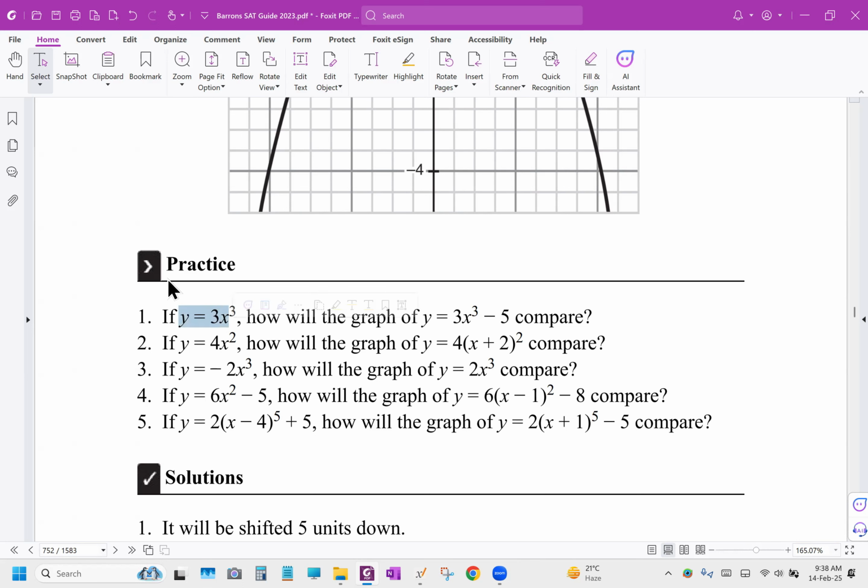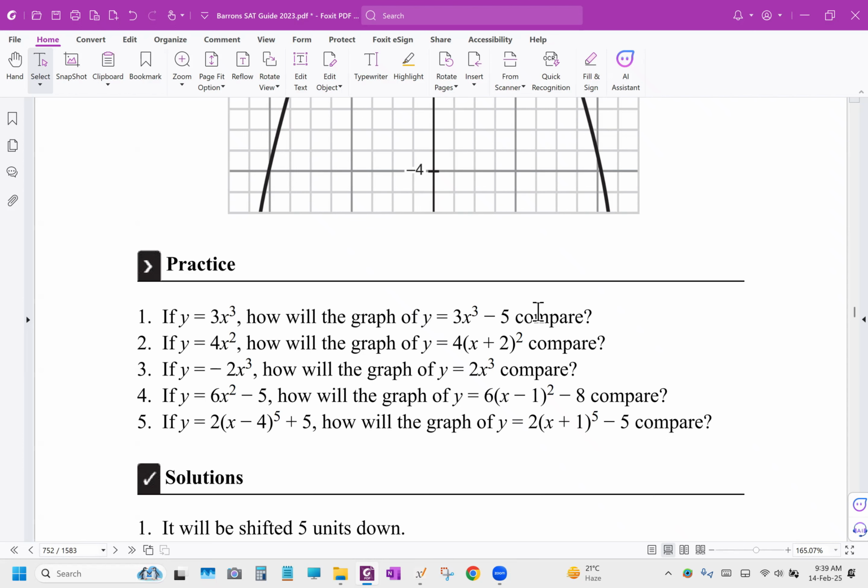This is our ideal case, and we are interested to know what will happen if I subtract 5 from this equation.